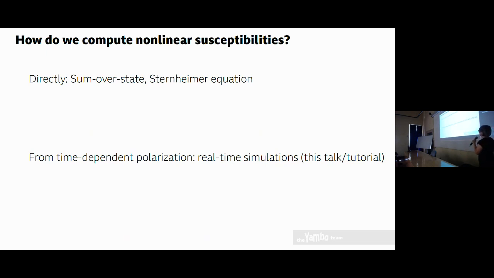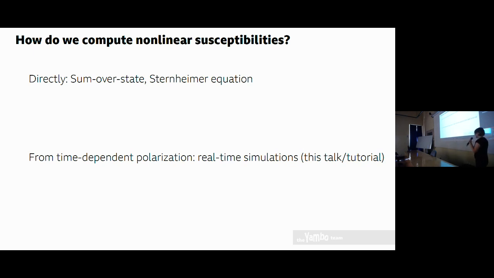Then you can also have something which is more similar to what is in the experiment. The experiment is measuring the time-dependent polarization. So you can have a real-time simulation that computes the time-dependent polarization. And this is what we will see in the following of this talk.